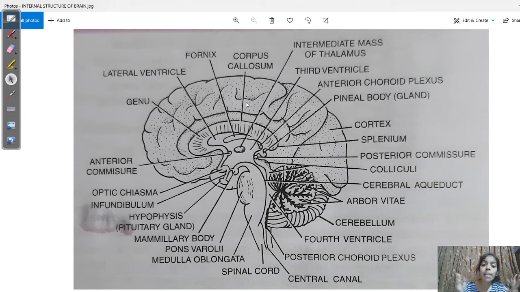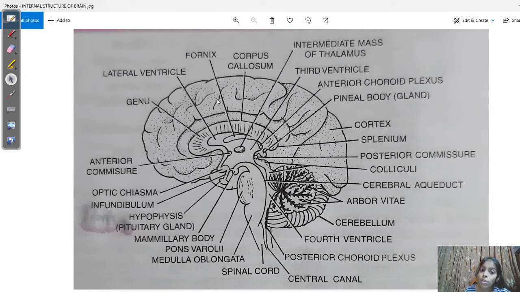So many neurons have to be accommodated in one compartment. Definitely there will be overcrowding, and in order to accommodate the neurons there will be folds, grooves, and depressions. That is why the cerebrum is highly folded. If we stretch the cerebrum, we will get a vast area.